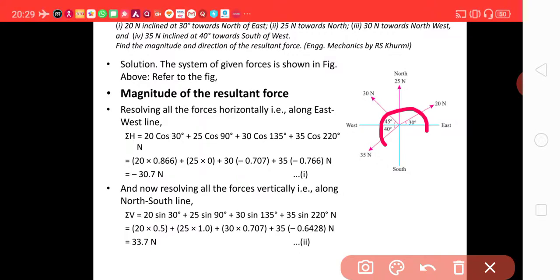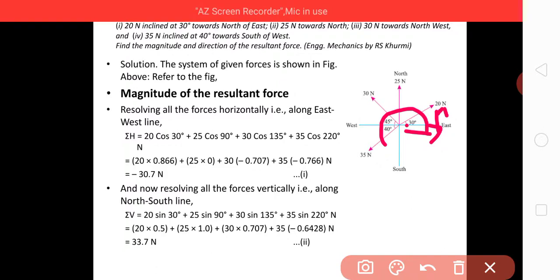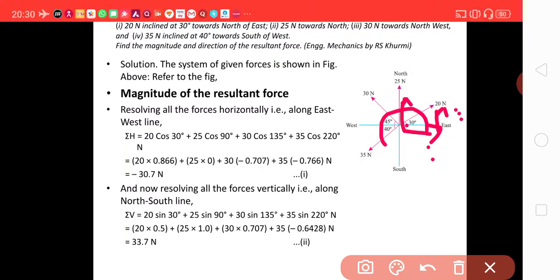So, first resolve the forces horizontally. For example, this is your 20 Newton force, its one component will be like this and the other component will be this way. So, in magnitude we can calculate it here. This is your sine component, this is the cos component. So, we can say 20 cos 30 is the horizontal and 20 sin 30 is the vertical component.